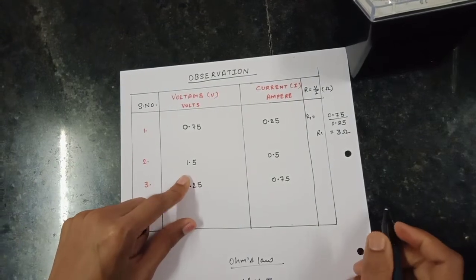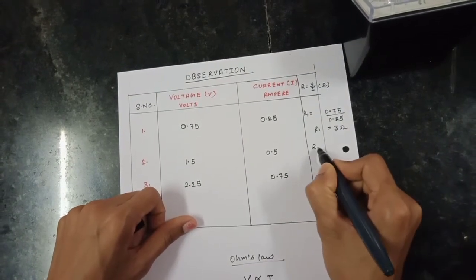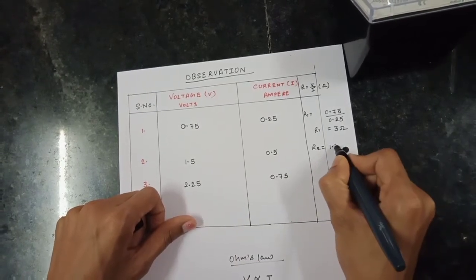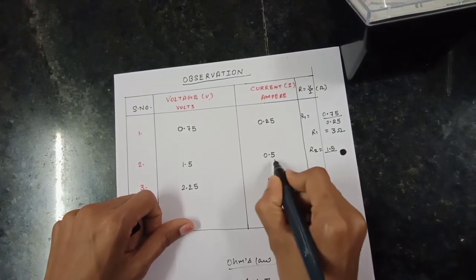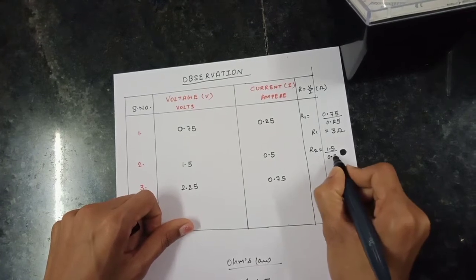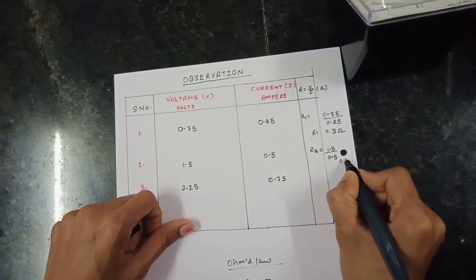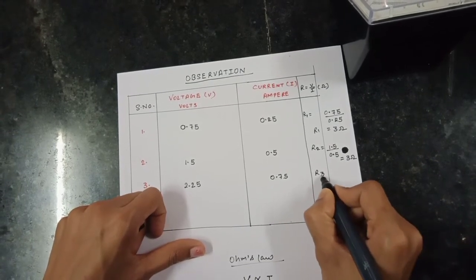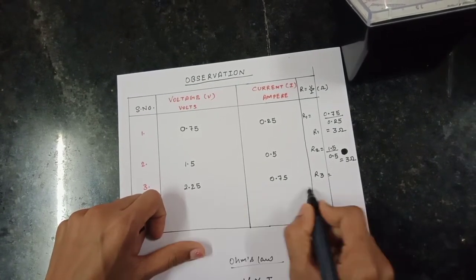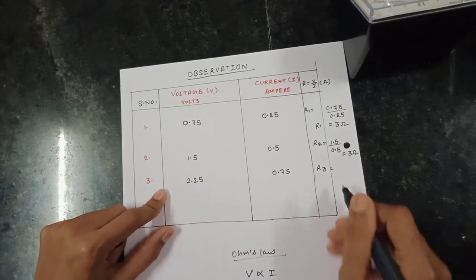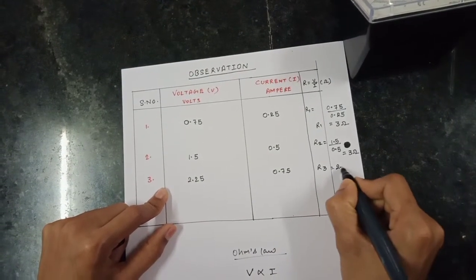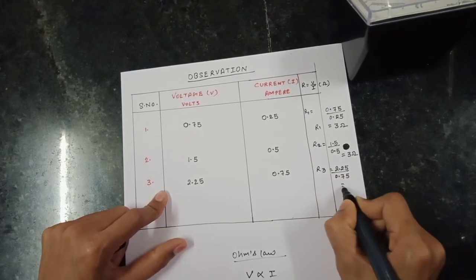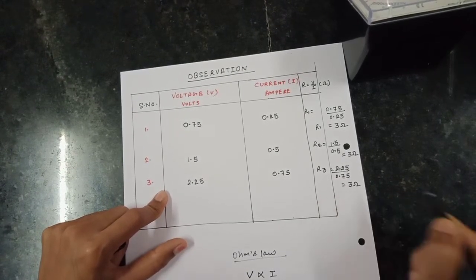For our second reading, R2 equals V, which is 1.5, and the current was 0.5. This will also give you 3 ohm. And R3 for the third reading will be V, that is 2.25, divided by 0.75, and this also is 3 ohm.